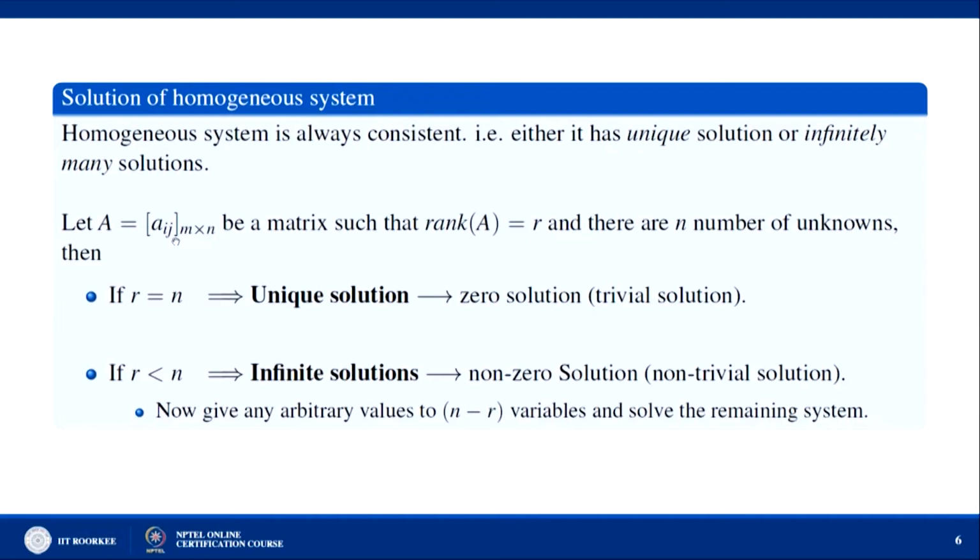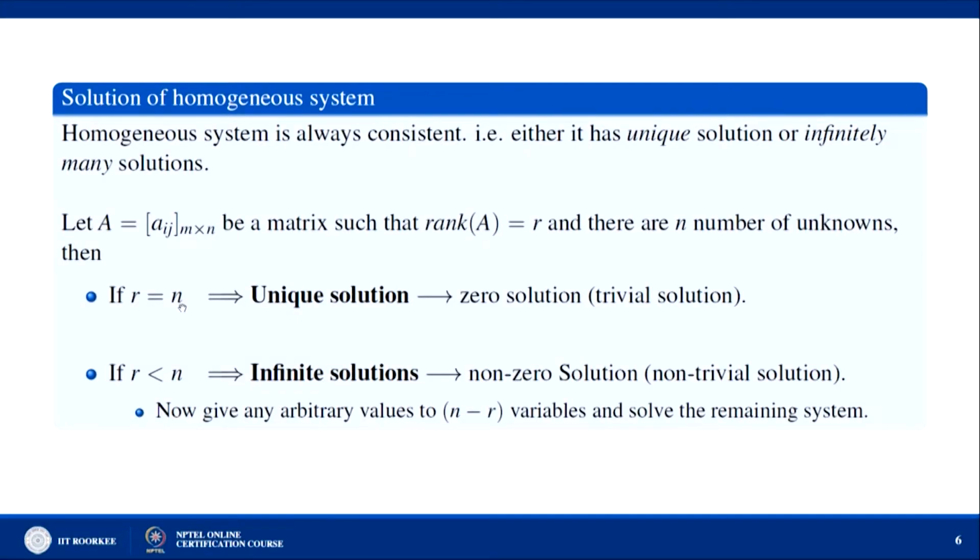Now for this coefficient matrix A, in Ax equal to b, the number of unknowns is n. Now if R is equal to n, that means the rank of the matrix is n, where n is the number of unknowns.